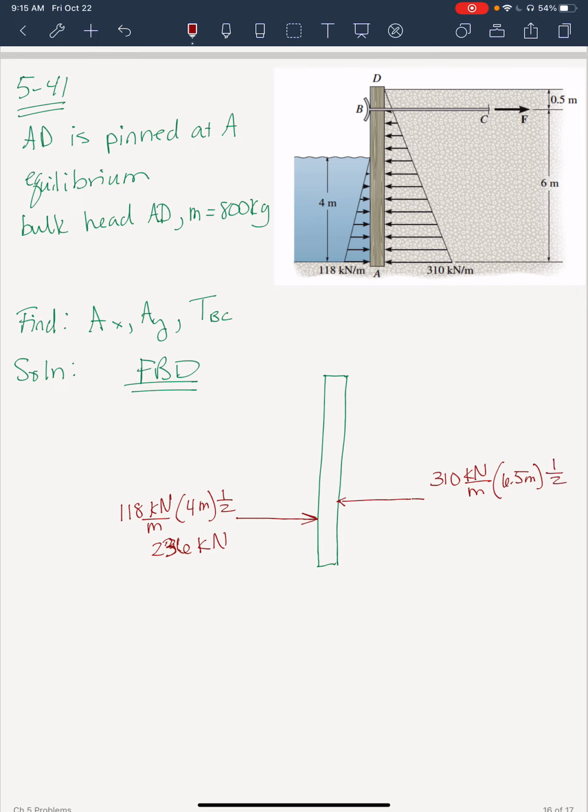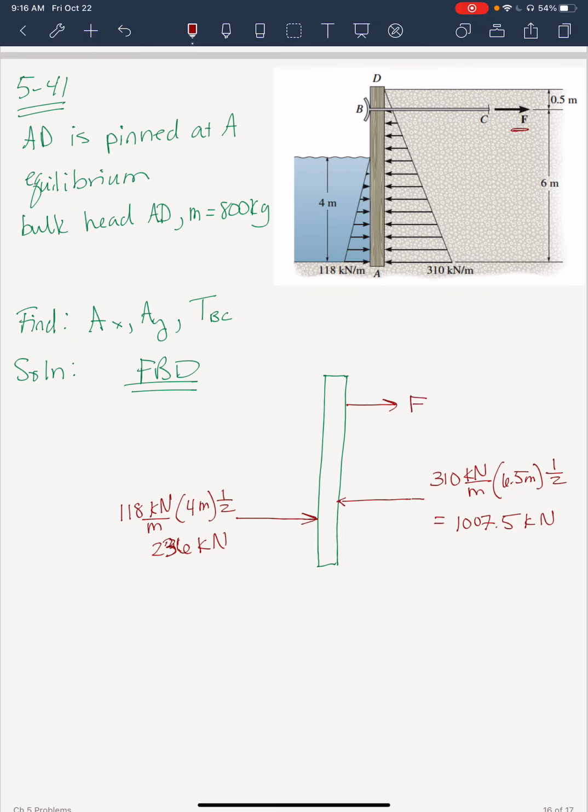Remember, this is a triangle, so it's 1/2 base times height. If we multiply that out, that comes to 1,007.5 kilonewtons.